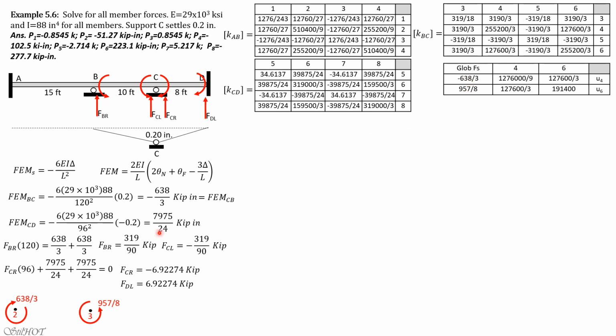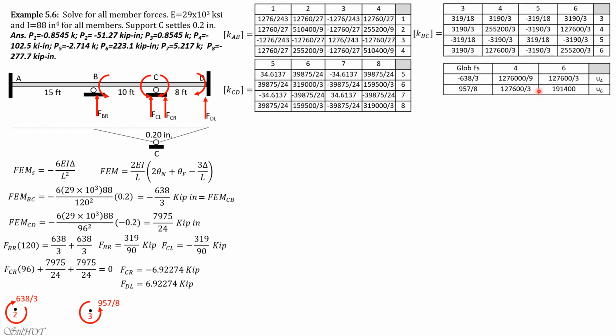Then for the global forces, we have negative 638 over 3 and positive 957 over 8. Then this is 4,4: we have 510,400 over 9 plus 255,200 over 3. We will get that value. 4,6: there's 2, 4, 6 here, only here. 4,6 is 127,600 over 3. 6,4 is 127,600 over 3.